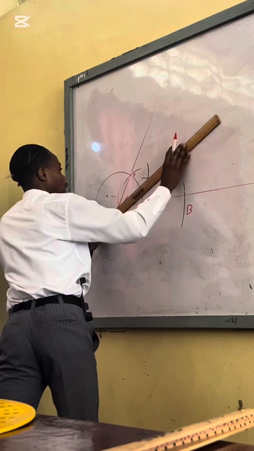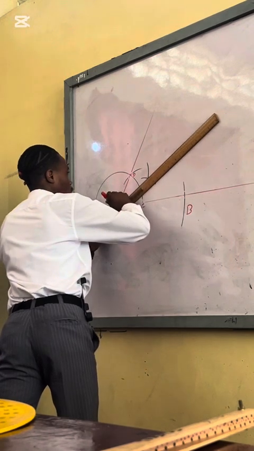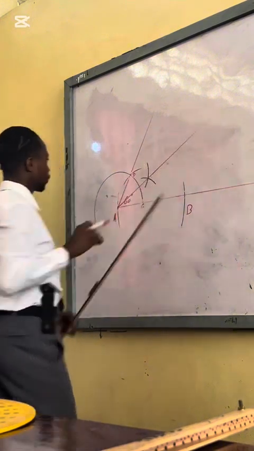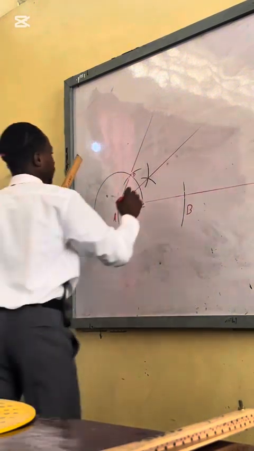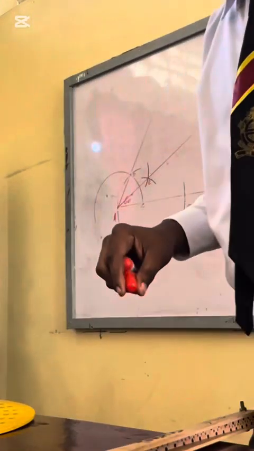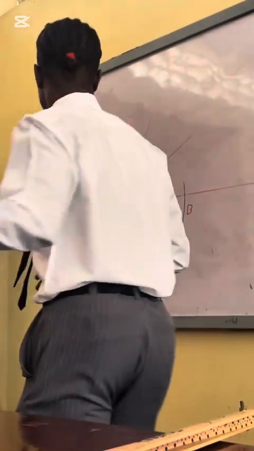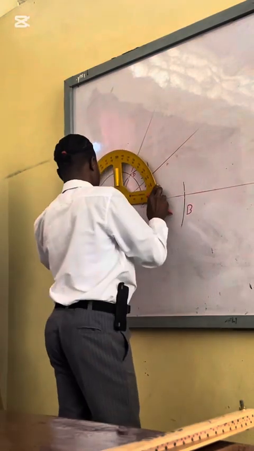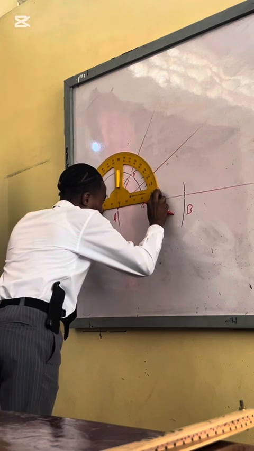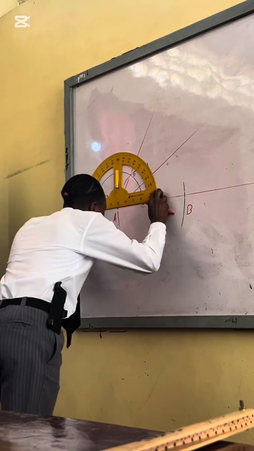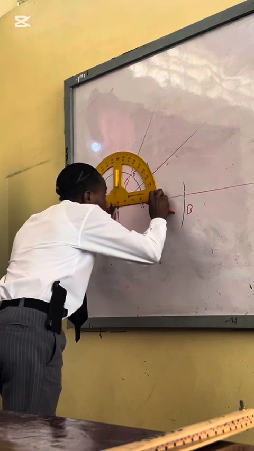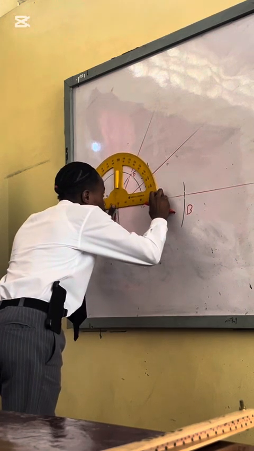from point A, passing through, right. A, B, C, D, E. To confirm, we take our protractor, we place it straight, and good.